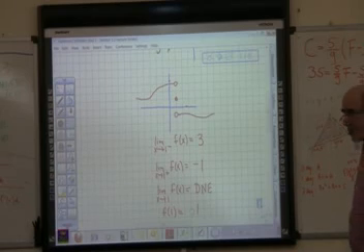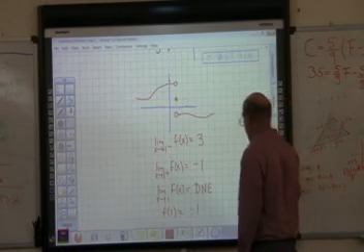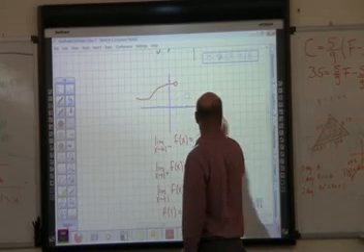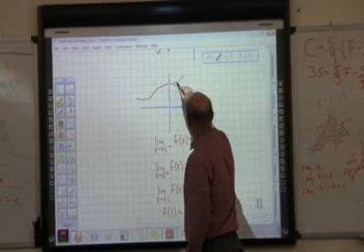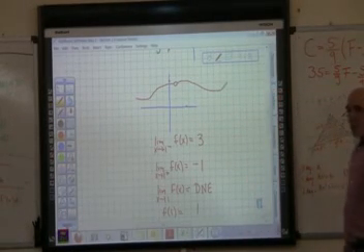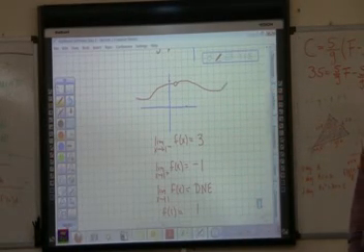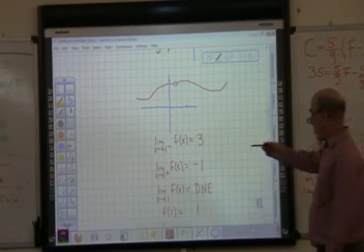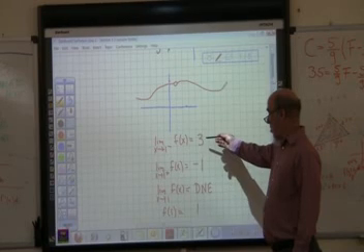What if I changed my graph to be this? Your limit as x approaches 1 from the negative side would not change.